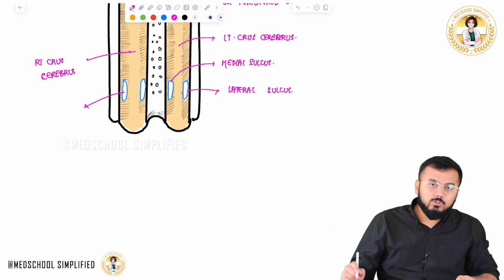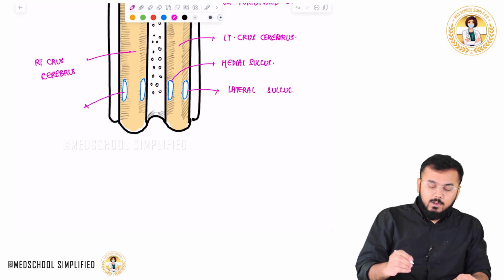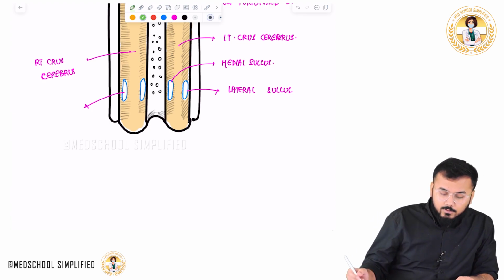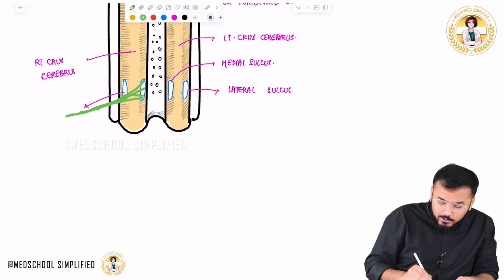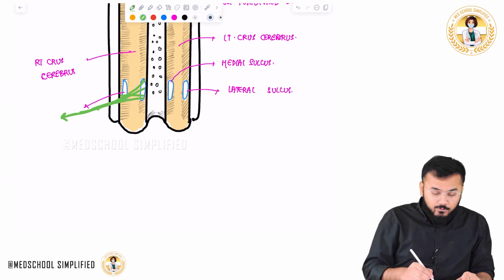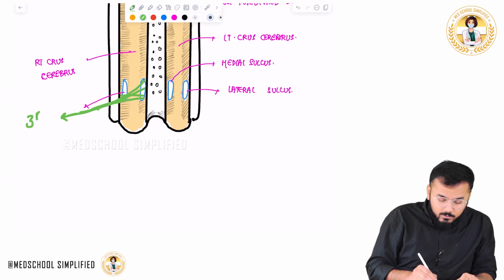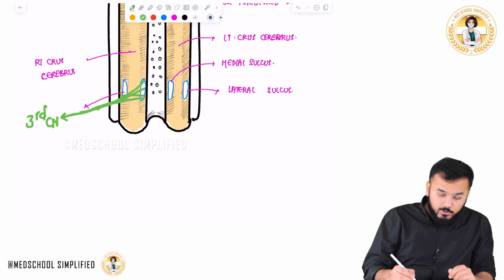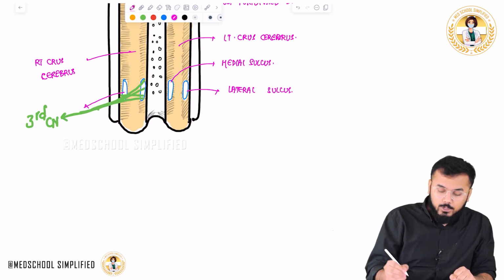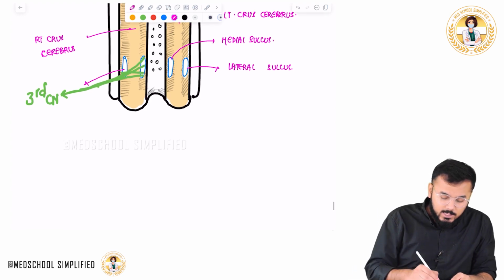Now what is the importance of these sulci? From this medial sulcus, there is a group of nerve fibers coming out in this way. These group of nerve fibers together form the oculomotor nerve, or the third pair of cranial nerve.